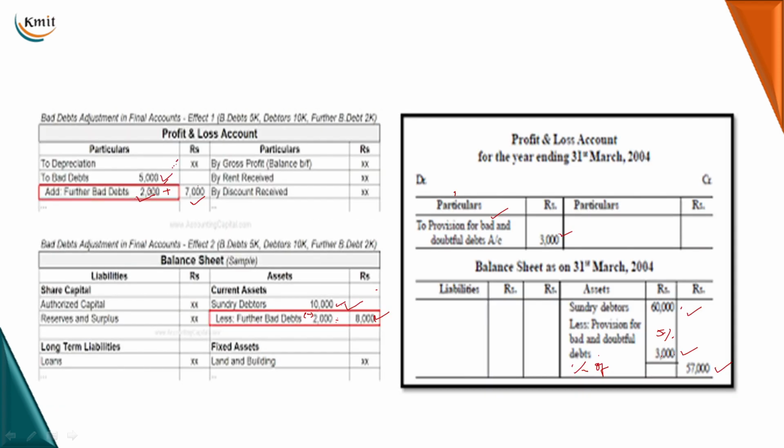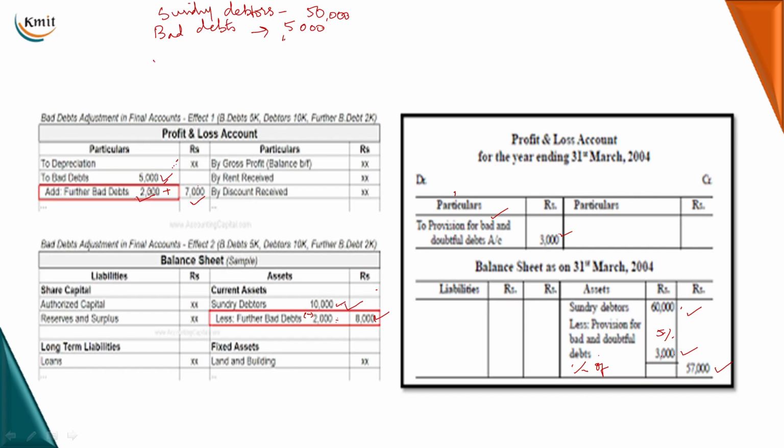Right? Now in some cases two adjustments will be given simultaneously, that is, bad debts. Let us assume that 5,000 is bad debts. As we know, sundry debtors are 50,000, right?